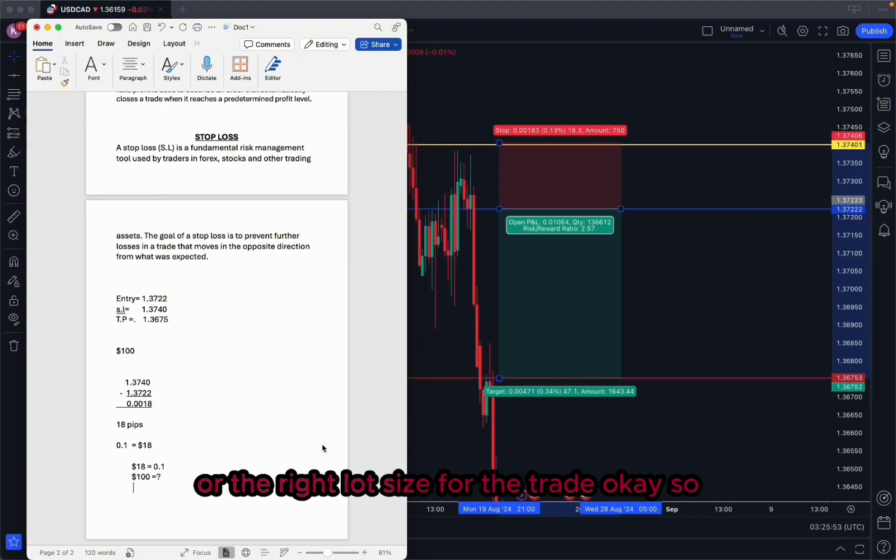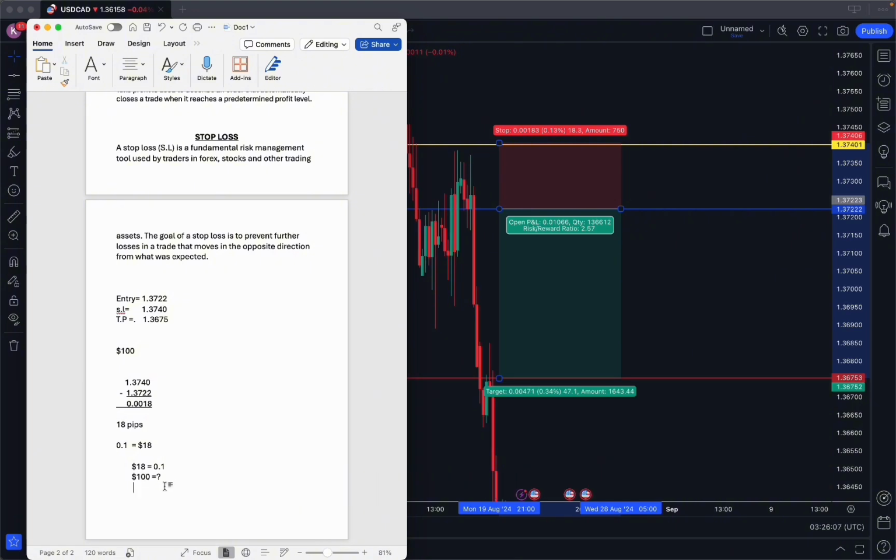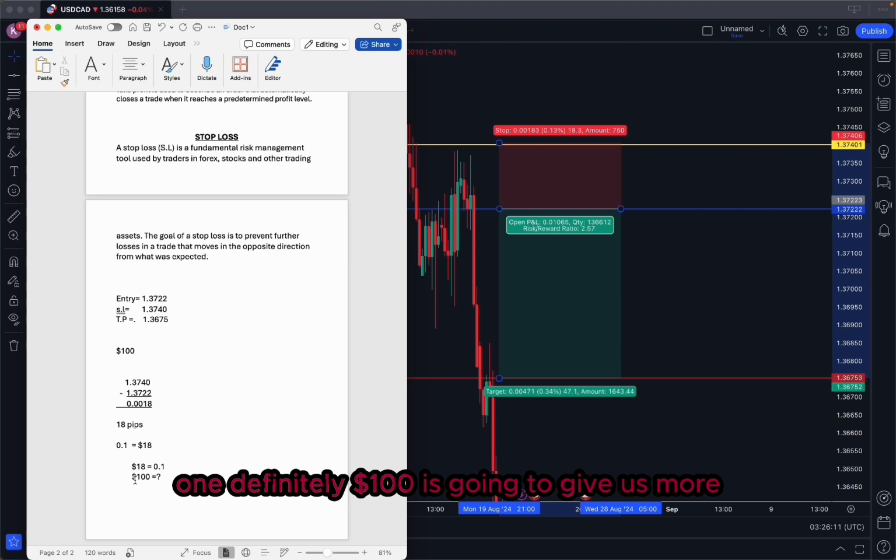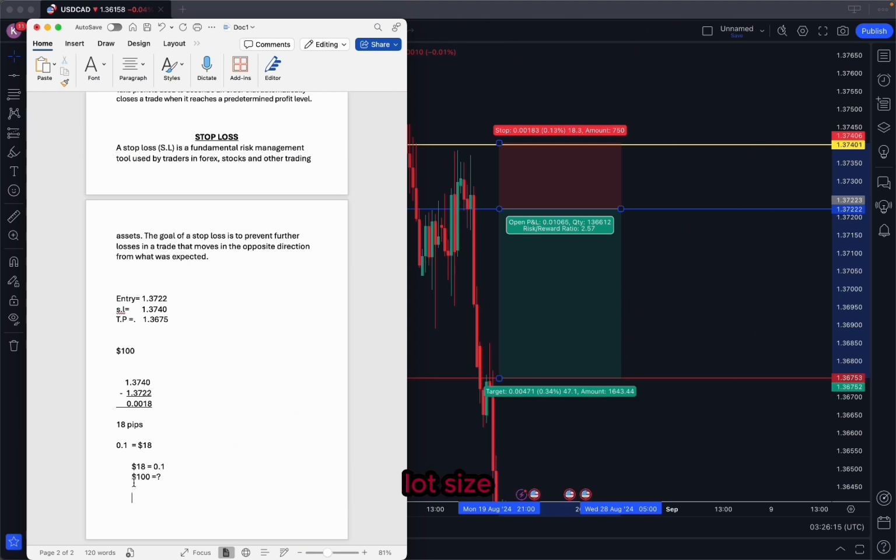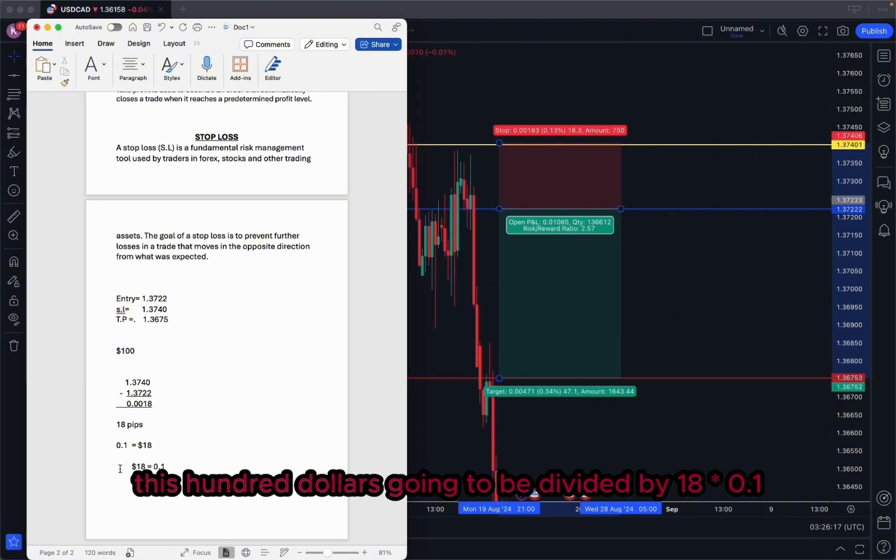If I raise $18, I have to enter 0.1 lot. Then how many lots would I have to enter to raise $100? If 18 gives us 0.1, definitely $100 is going to give us more lot size. So this $100 is going to be divided by 18 times 0.1.